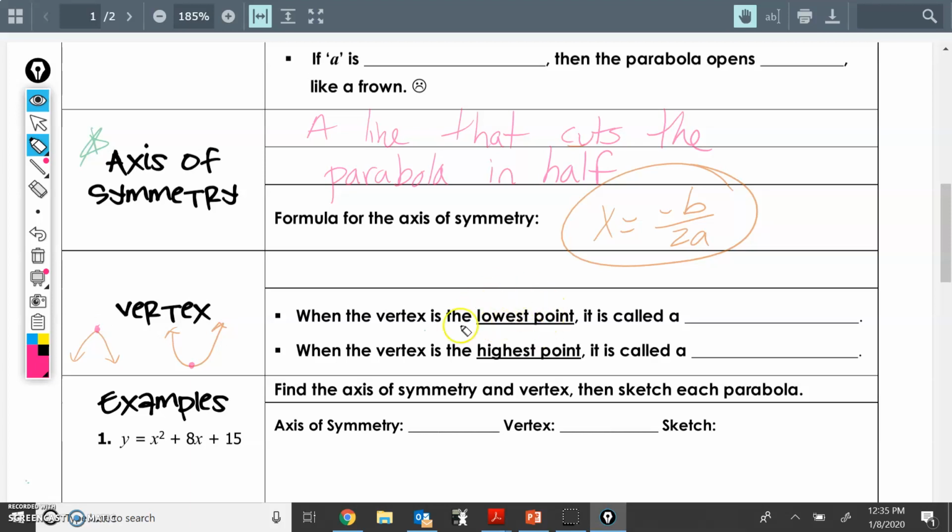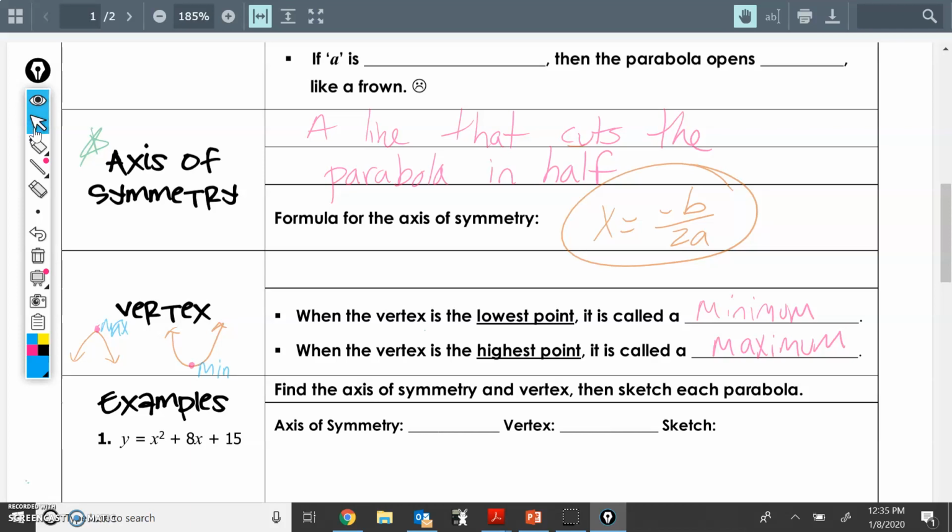If it's the lowest point, it's called a minimum. If it's the highest point, it's called a maximum. Looking back to the two little sketches I drew, this would be a minimum since it's the lowest point of that parabola. This would be a maximum since it's the highest point of that parabola.